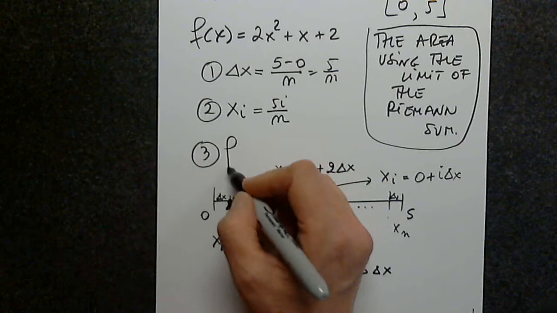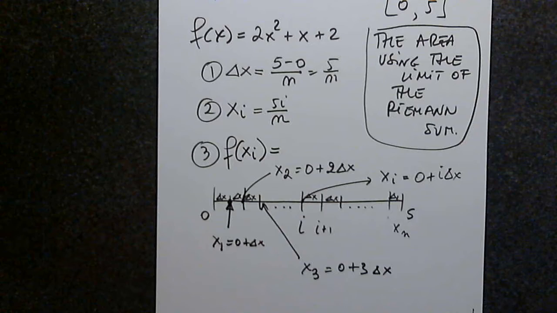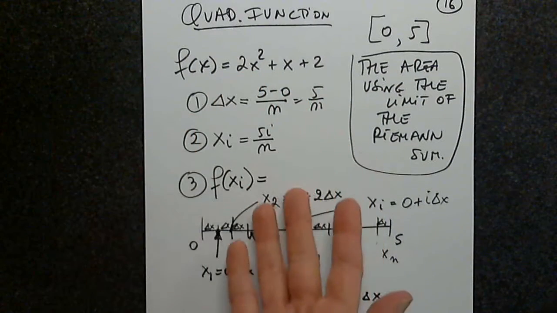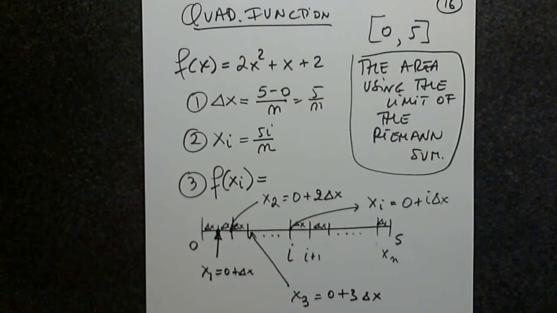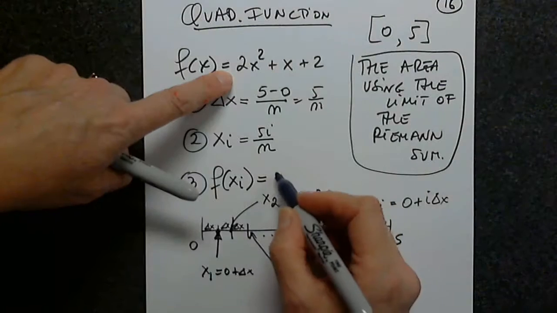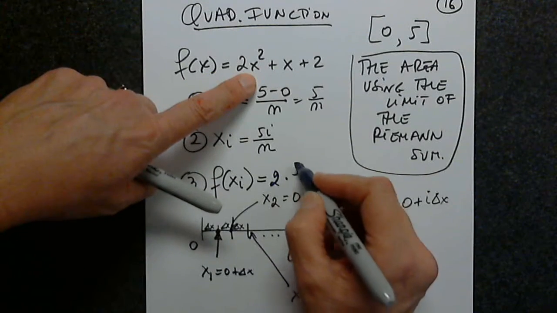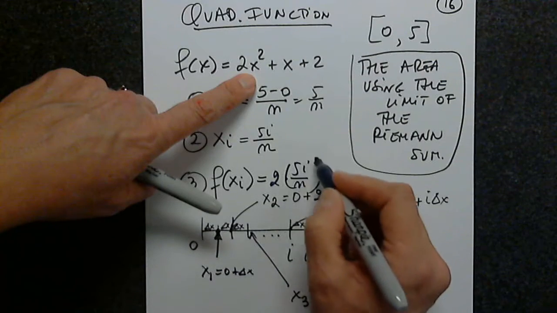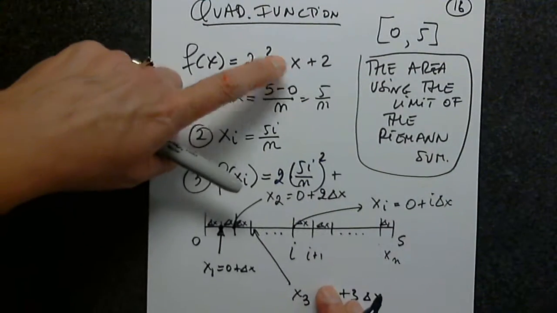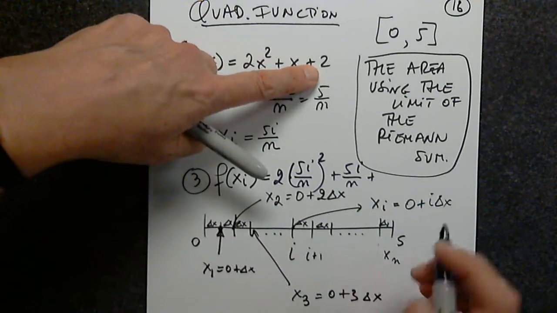Okay, next one, all I need is the last step, f of xi. Here's f of x, and please tell me what to write for f of xi. 2 times 5i over n, everything squared, plus 5i over n, plus 2.